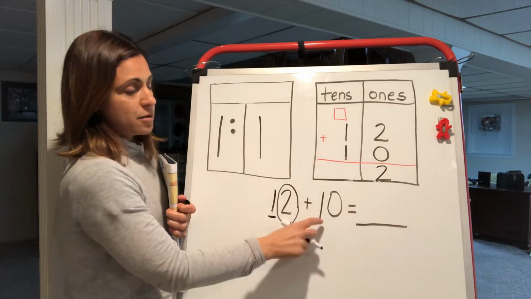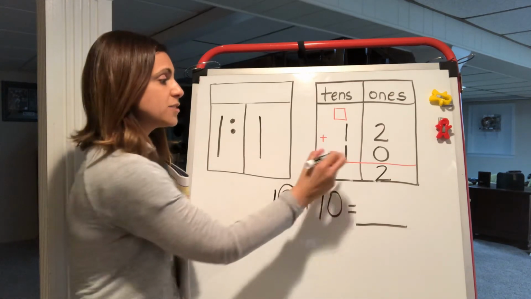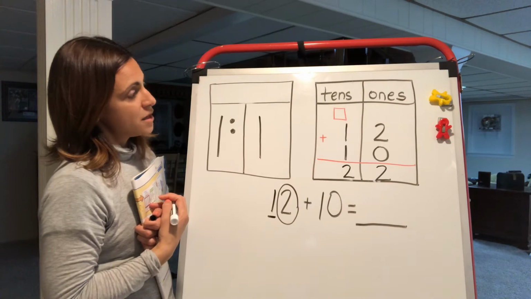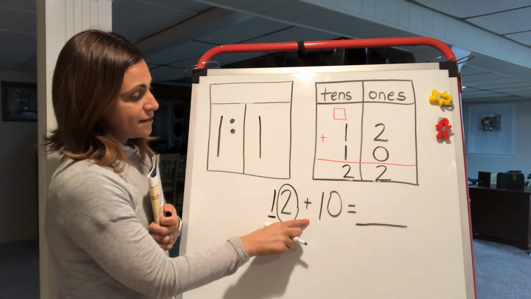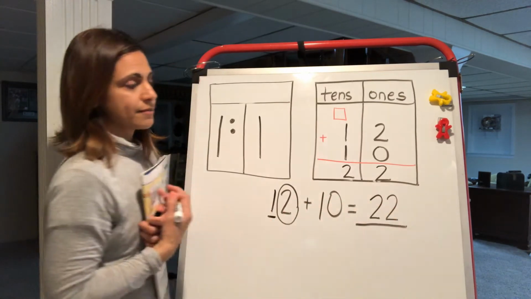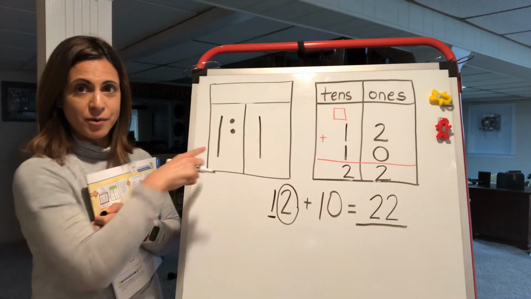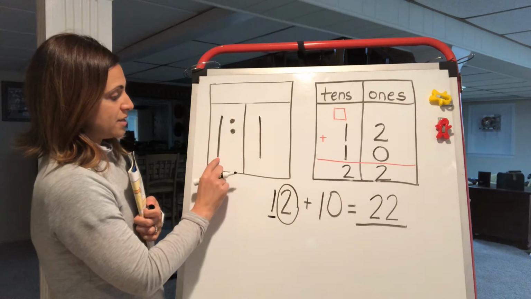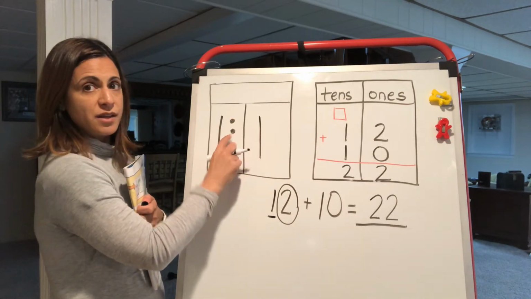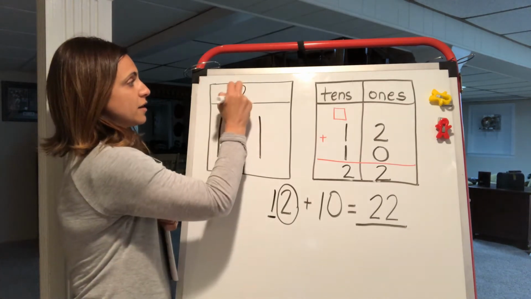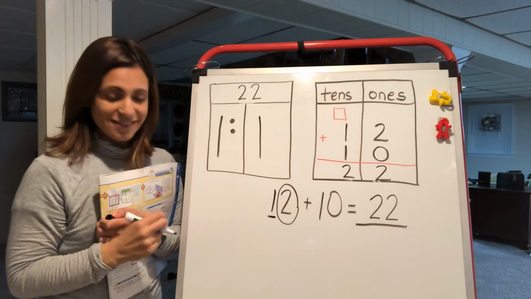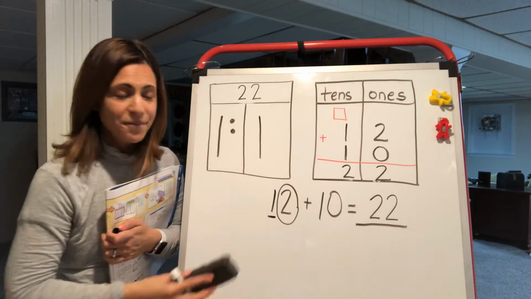One group of 10 plus another group of 10 is 2 groups of 10. 12 plus 10 is 22. Let's check our work using our picture. 10, 20, 21, 22. These two parts together is 22. We did it right. Ready for one more?